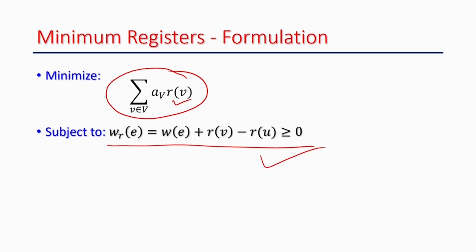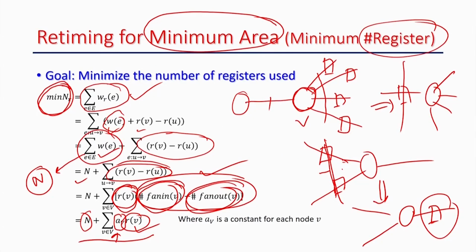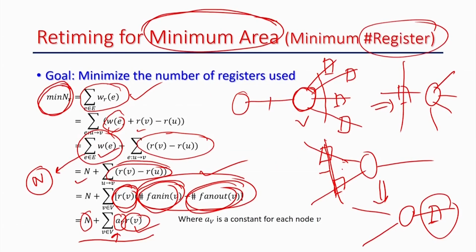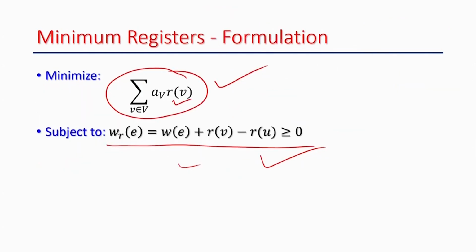This is the formulation of the minimum area problem. If you want to minimize the resistors, this is the objective function and these are the constraints. This way we can solve the minimum number of resistor problem as well.